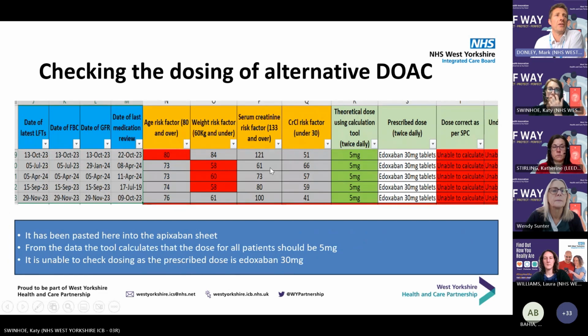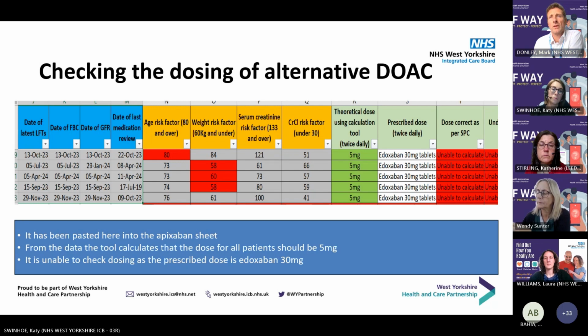So these 5 lines of data are the same bits of data that were copied from the edoxaban sheet, and they're now working out the risk factors for apixaban as they would, and they're actually working out that the patient should be on 5 milligrams of apixaban rather than the 30 milligrams of edoxaban that they're on.